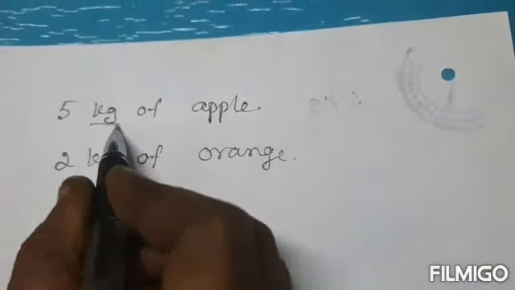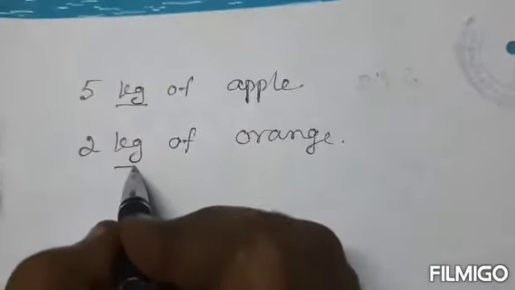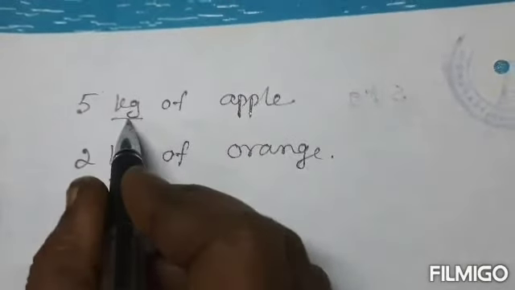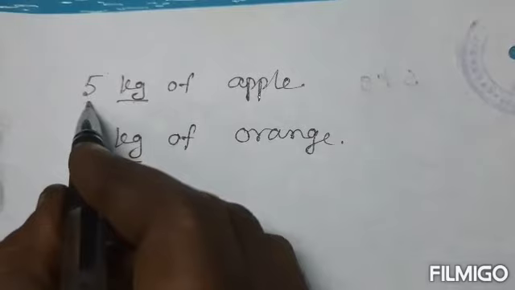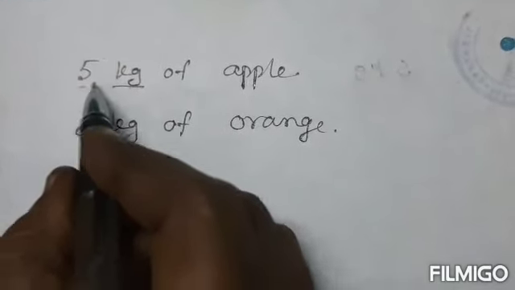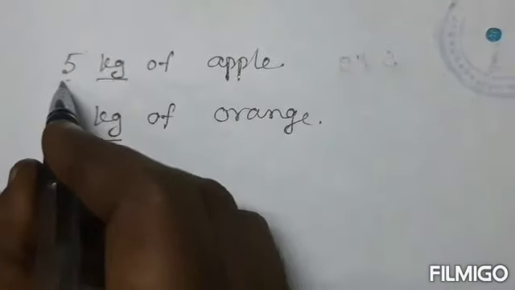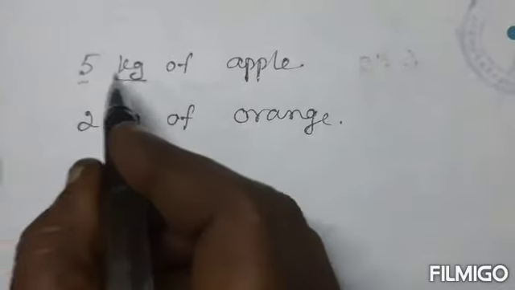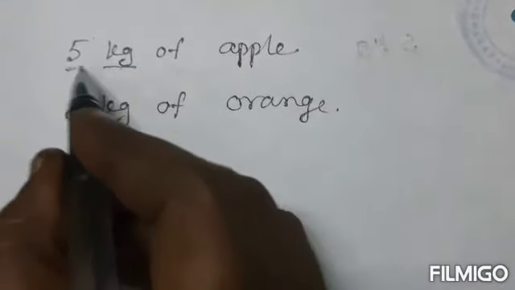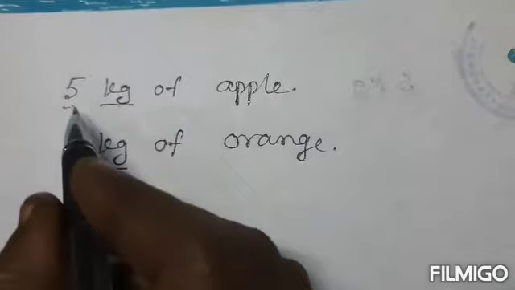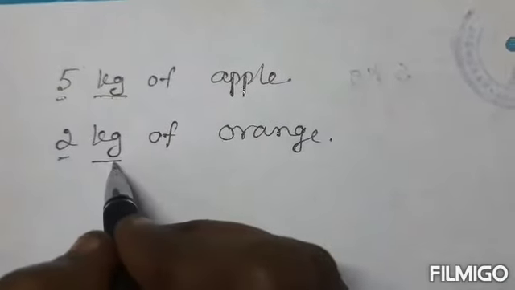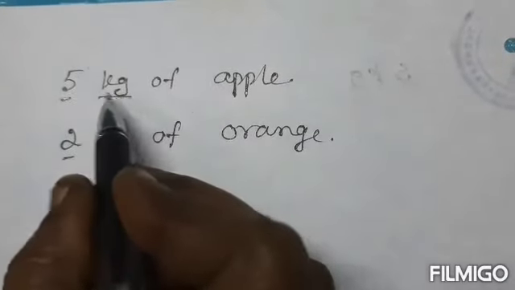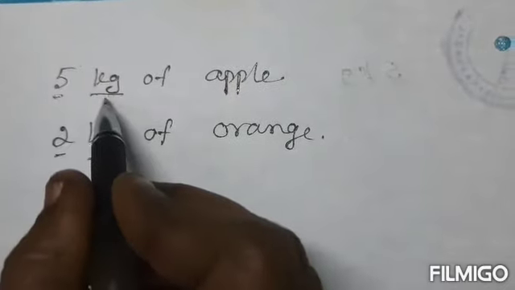Look at this. The unit is kilogram. Near the unit, a number is assigned. Now, according to our wish, we can buy. So measurement is assigning a number. Here 5 kilograms, here 2 kilograms. So near the unit, we are assigning a number.